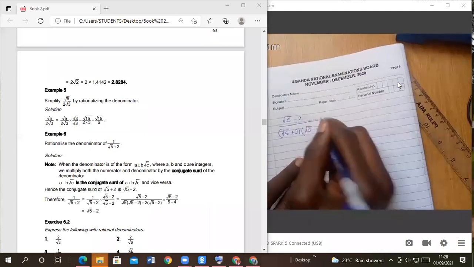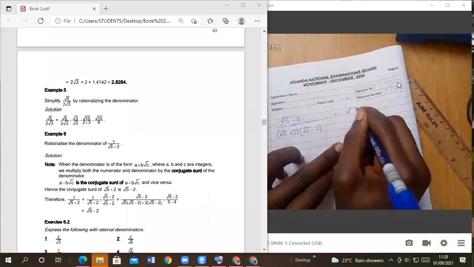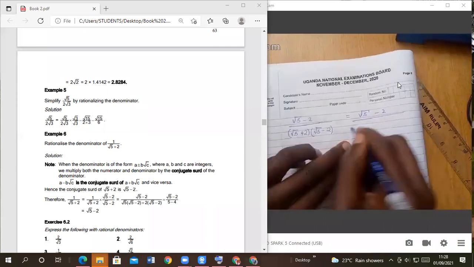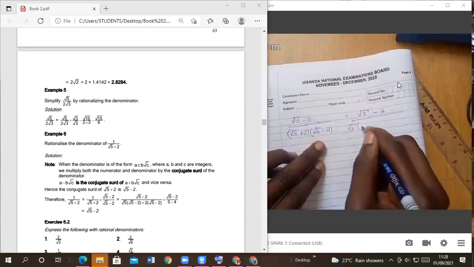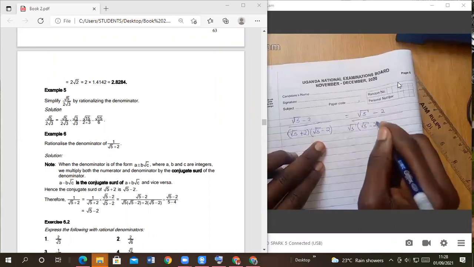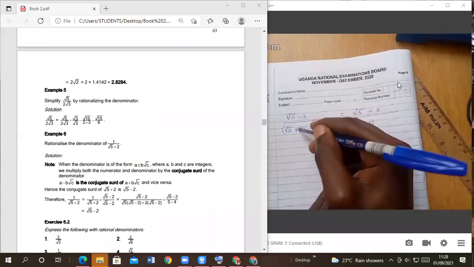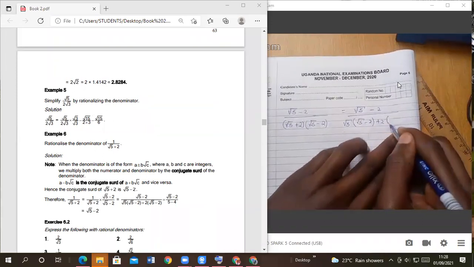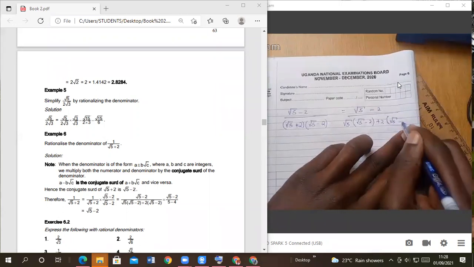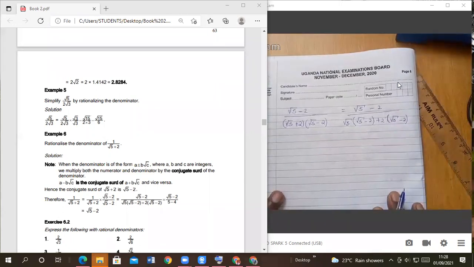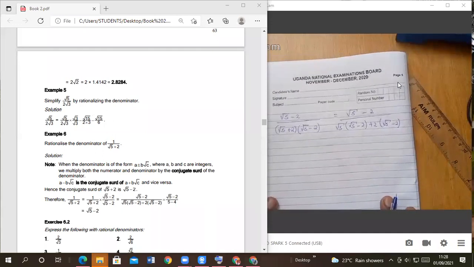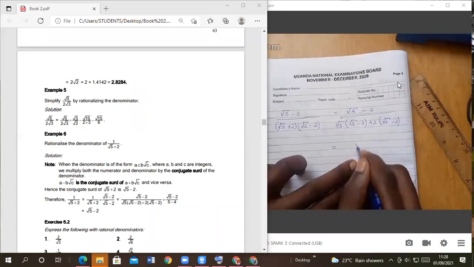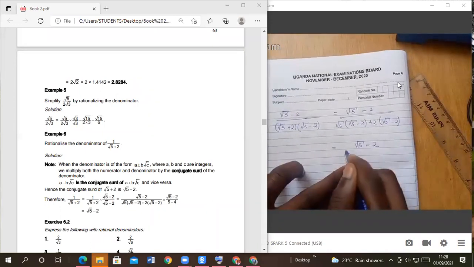When you open this, in our denominator we have root of 5 into root of 5 minus 2, then you carry the plus 2 with its sign into root of 5 minus 2. Members, have you seen that? Good. So we shall have root of 5 minus 2 over.